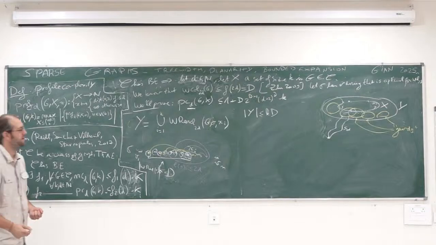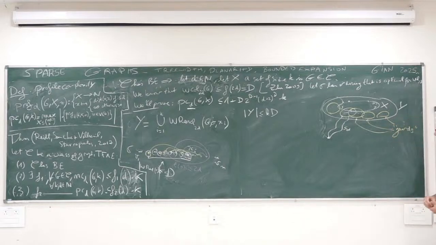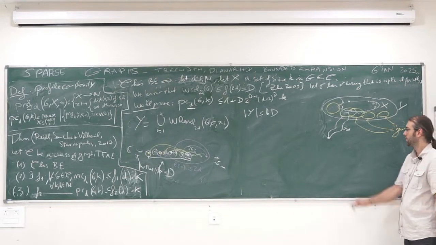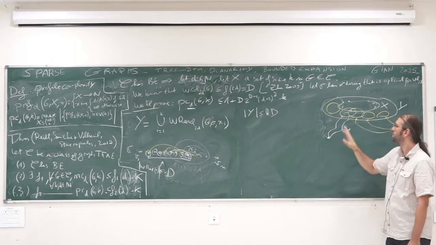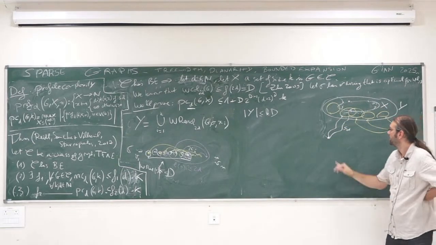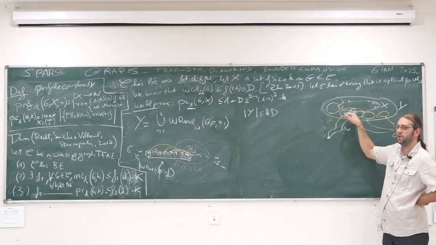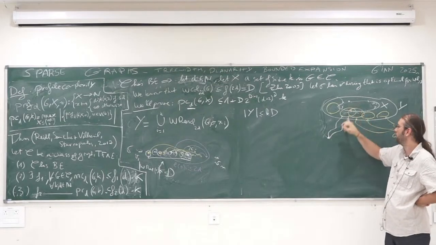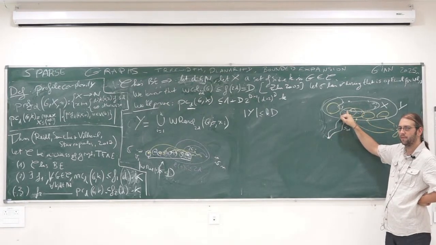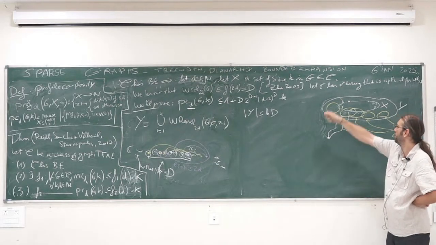So the yellow sets, I haven't defined them formally, but they will be designed in such a way that every vertex you take in your graph, let's say which is not here, this is okay, this is small, you can assign it one of these bubbles. All the paths of length at most d to reach x will go through that bubble. If it has a long path, anyway, we don't care.